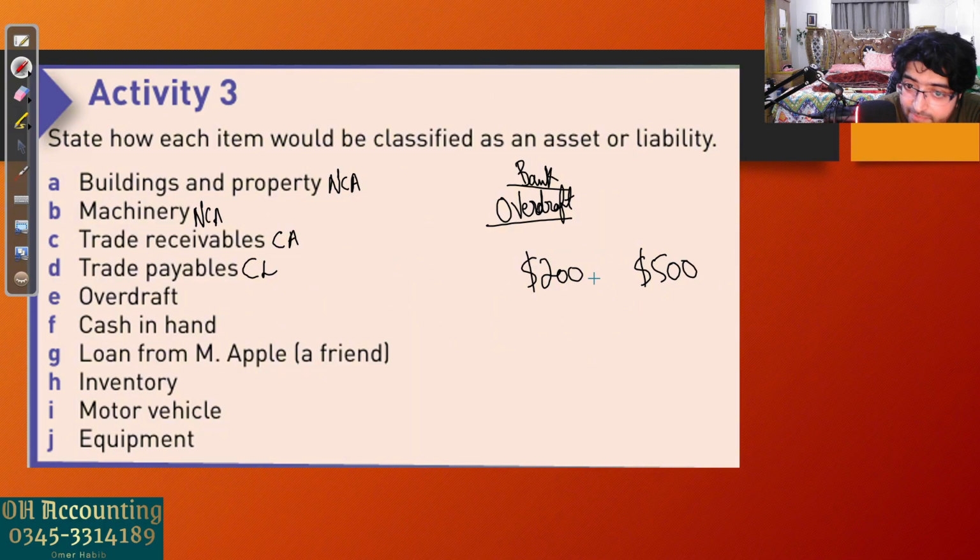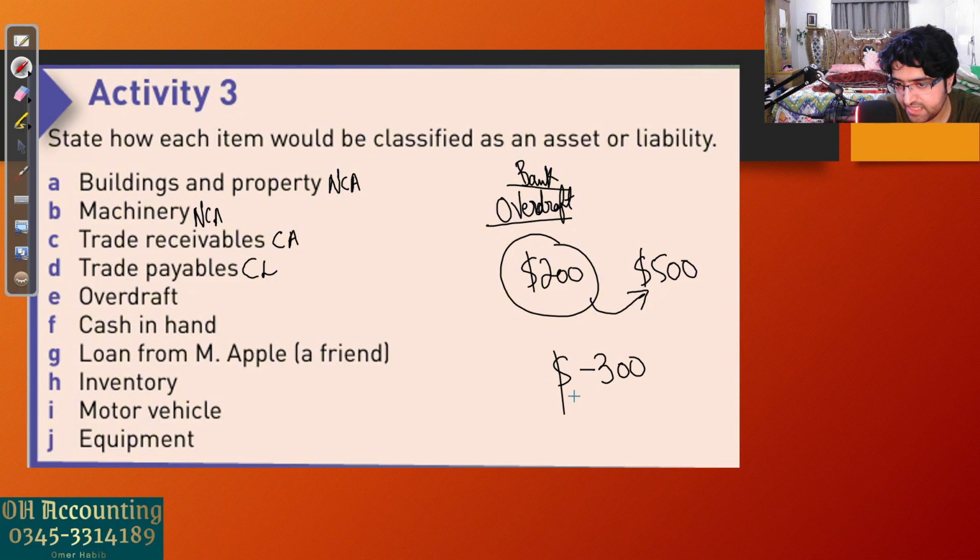So your bank allowed you a short-term loan. Even though you had just 200, you were able to buy this thing worth $500. So now you owe the bank $300 because you are in negative in your bank account. This is a bank overdraft and you have to pay this back to the bank. So this is also a current liability because you have to pay this within 1 year.